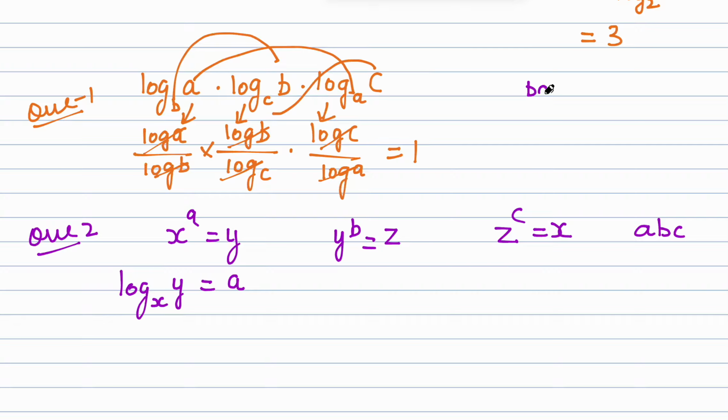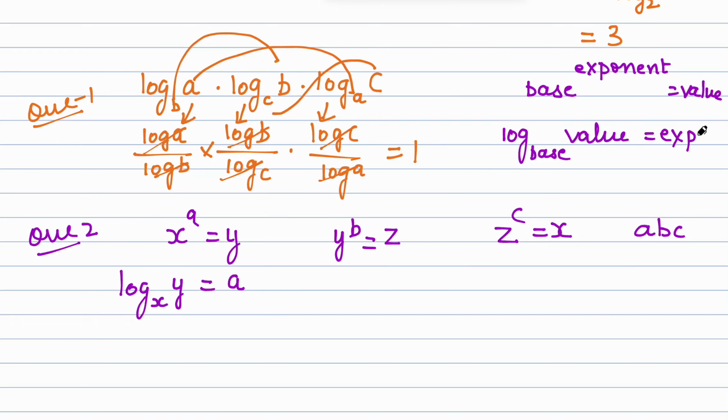For example, if this is the base and the power is the exponent, and that is equal to some value, then if we convert it into log, this base is the base here, this value comes here, and that is equal to the exponent. We have done some questions depending upon this property in part 1, so you can just go to part 1 and see that.